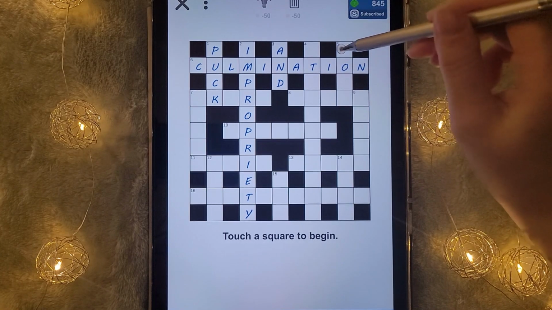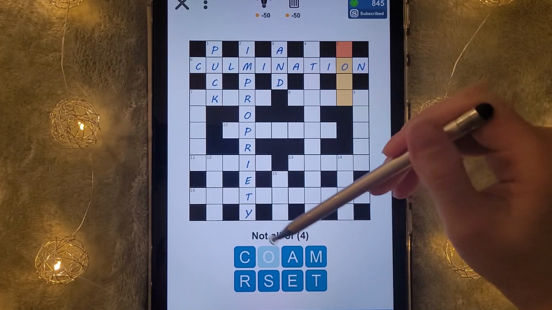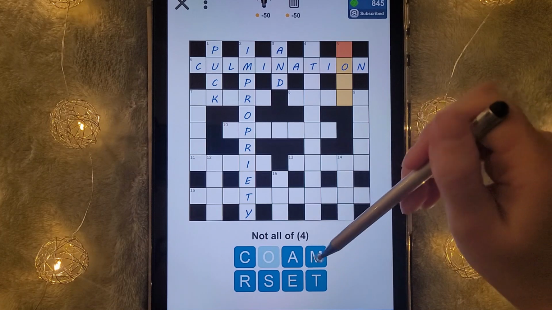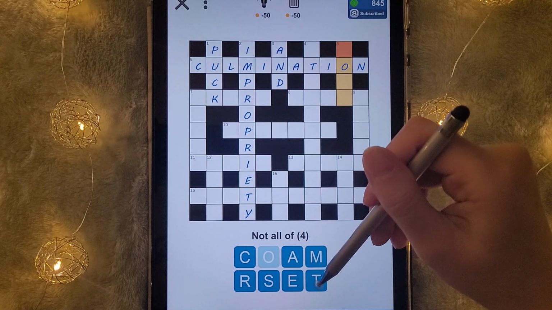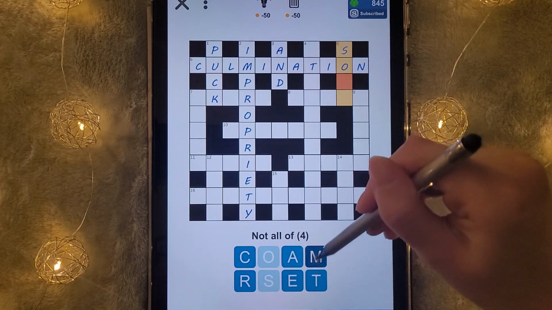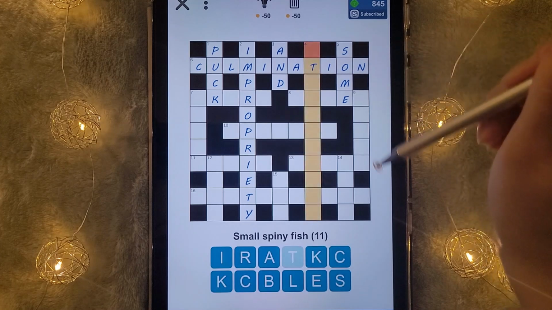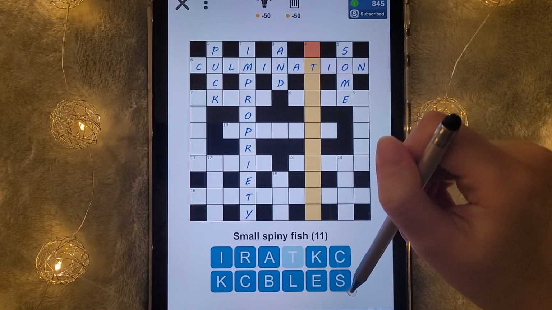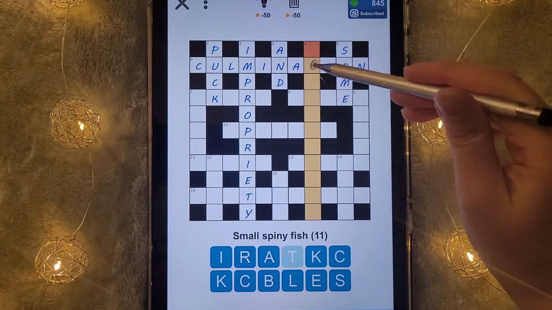Let's do this 5 again because spiny fish.